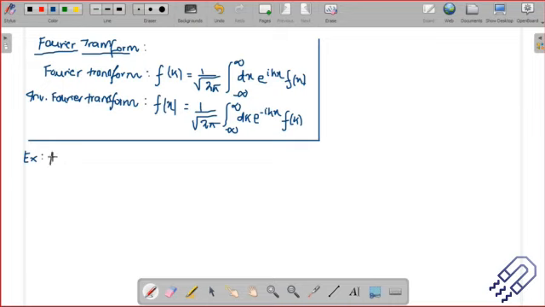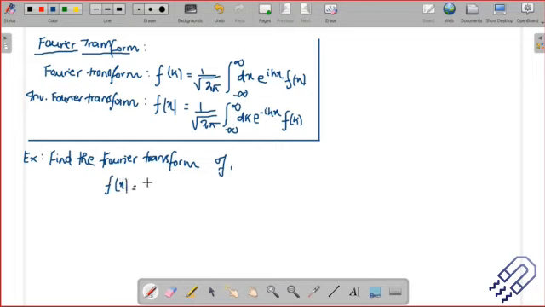For the first one, let's write down the entire question, and from next time we are going to write down the problem that we have in hand as we know this. So find the Fourier transform of f(x).